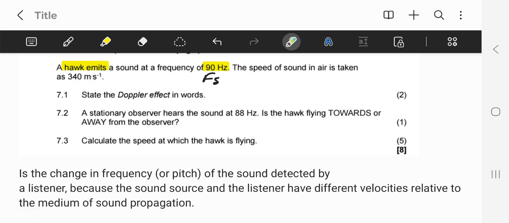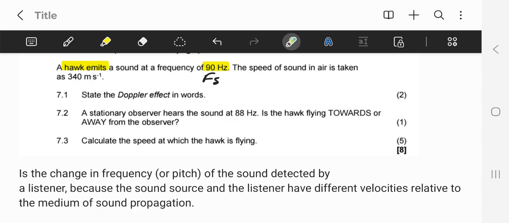That is the definition of the Doppler effect. Remember, guys, for your exam you must know this off by heart. You must not read it; it must be engraved inside your head. This is the definition as per the exam guideline, although there is another definition.